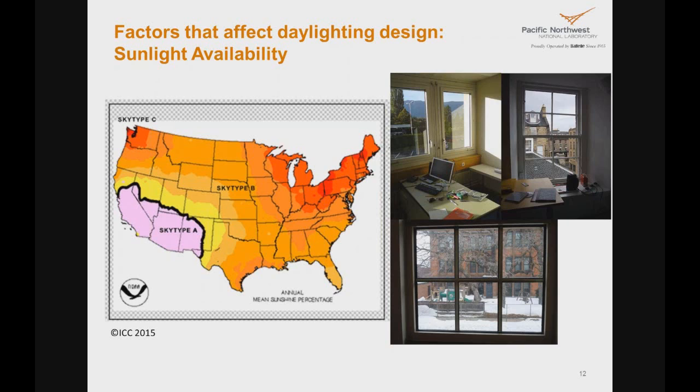For example, if you're in Seattle, you get mostly diffuse light, and you probably need windows with high visible transmittance. That means you need clear windows with clear panes of glass. Compared to that, if you're in Phoenix, where there is a lot of sunshine and the light level available outside is very high, you don't need very clear windows.